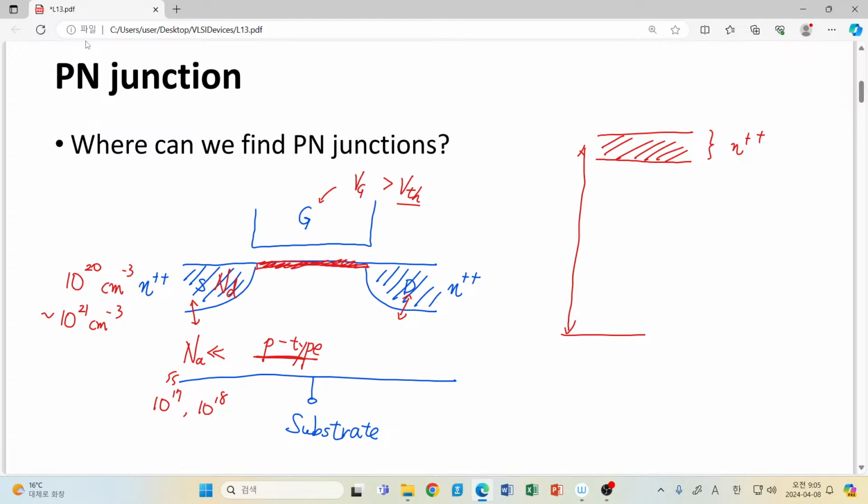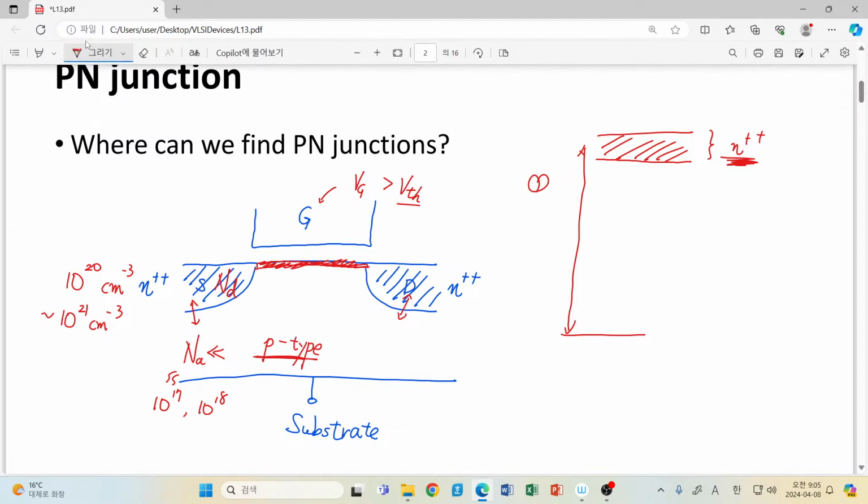But the physical depth of this N++ region is not that important in this case, because it is really highly doped. That will be clear in our later discussion.